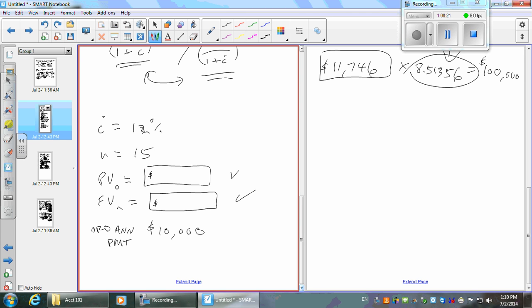This is going to be terrible for me. I'm going to try and read my writing after the fact. So we're talking about 150,000, right? 15 times 10. What's the 150,000 worth? Really, it's two different deals, isn't it? Calculating the present value and future value.